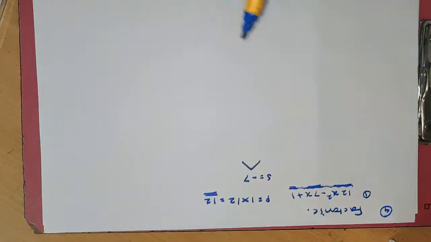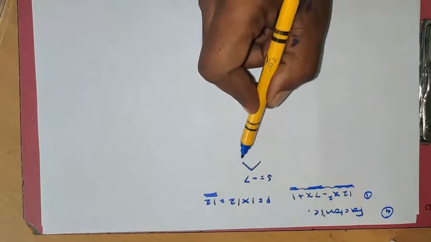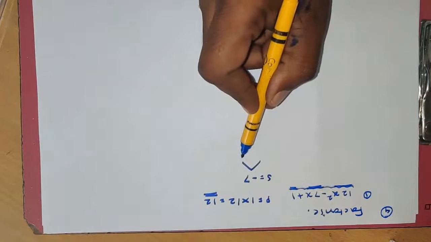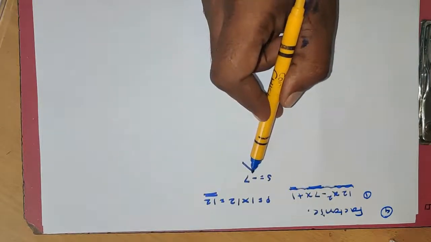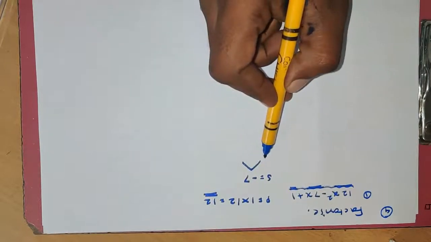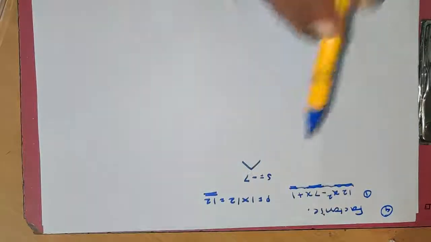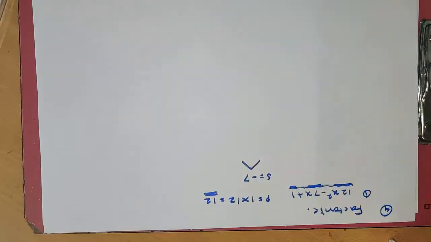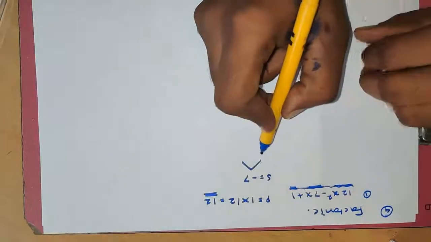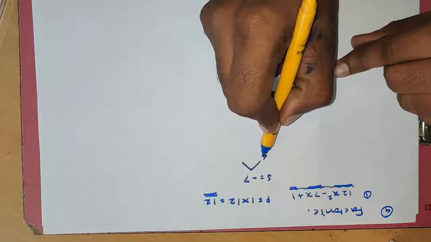So here we must find two numbers whose sum will be minus 7 and product will be plus 12. Here the sign is very important. 12 is there in the 4's table, 4 3s are 12 and 4 plus 3 is 7 also.